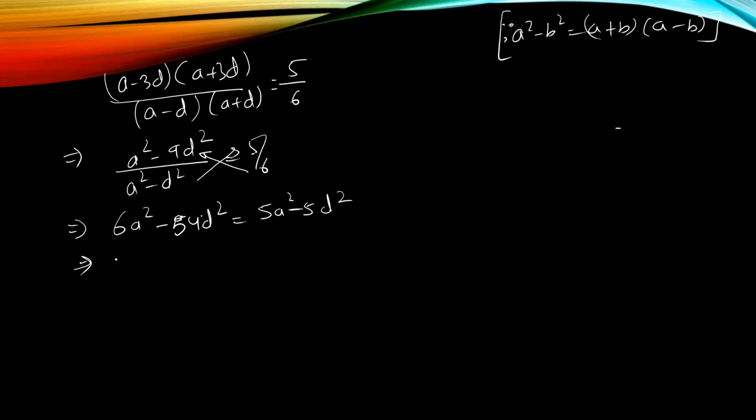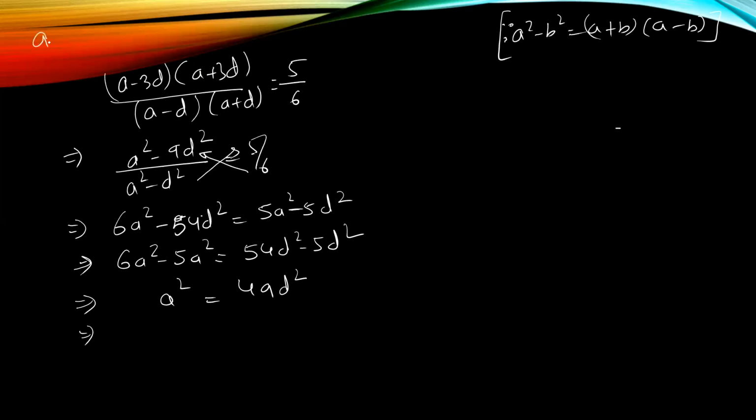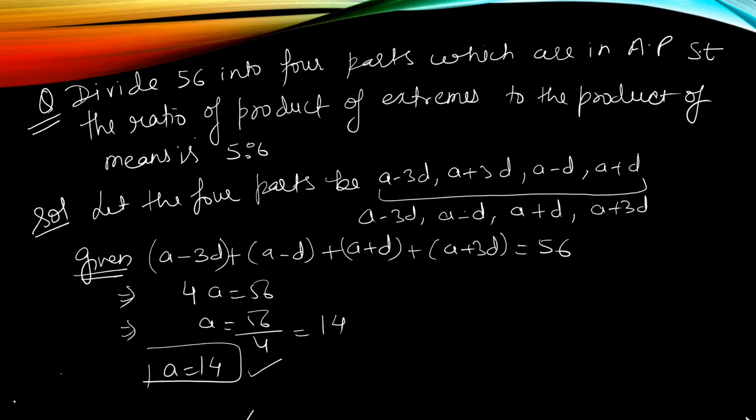Further solving, what we'll get? 6a square minus 5a square equals 54d square minus 5d square, which gives you a square equals 49d square. Right? What is the value of a? We found out the value of a as 14. I still remember that, right? Let me confirm from the last page. Yes, a is equal to 14.